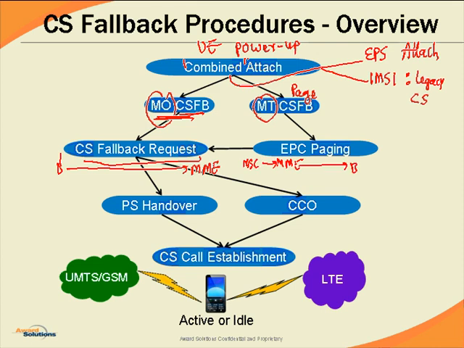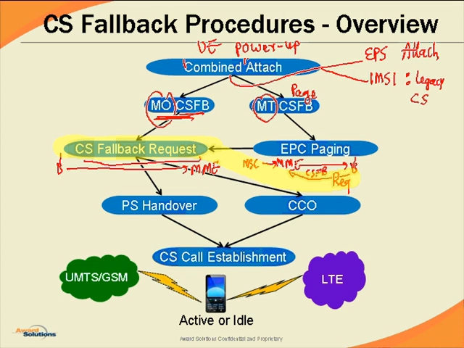So now we have to send a page message. And once the page message is sent, then the UE sends CS fallback request. So then we are back to this specific state.